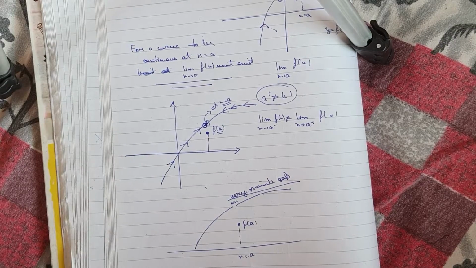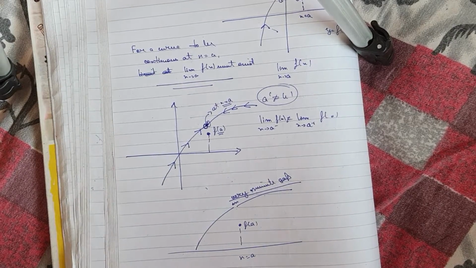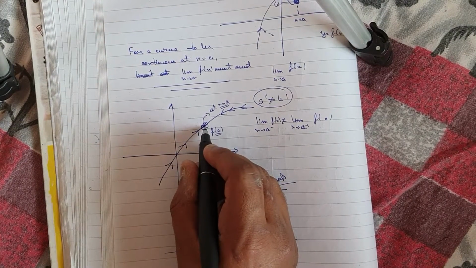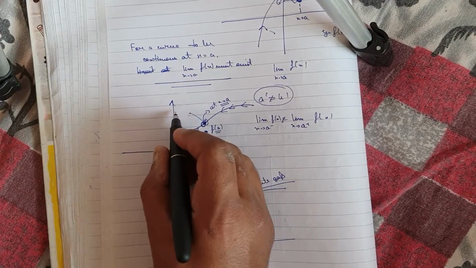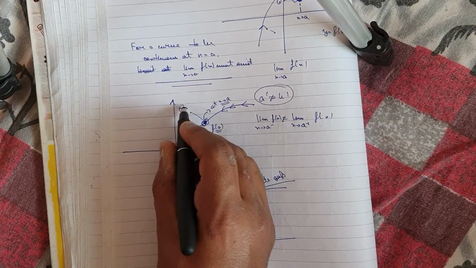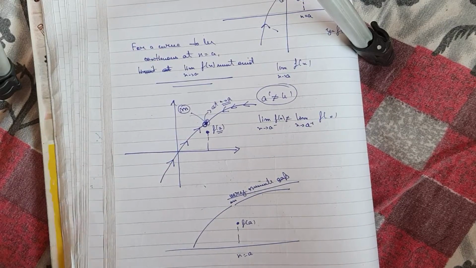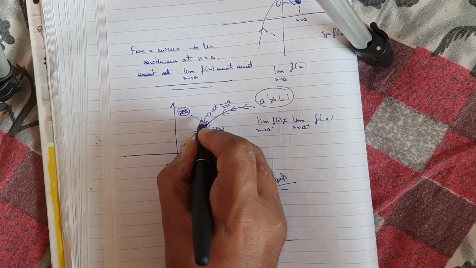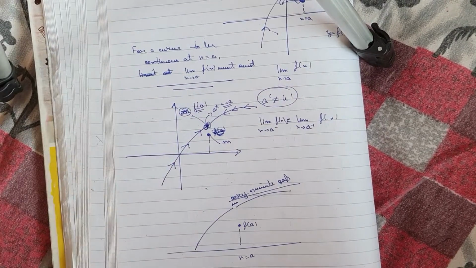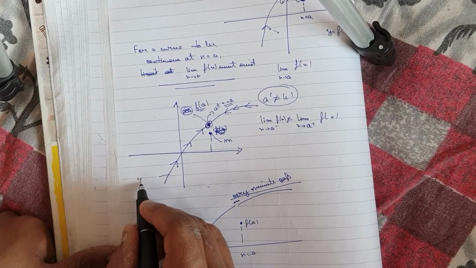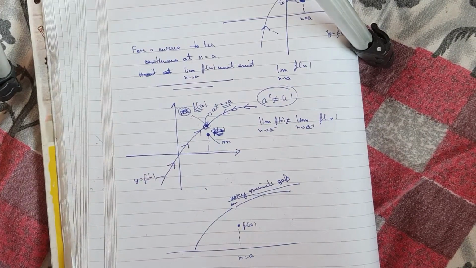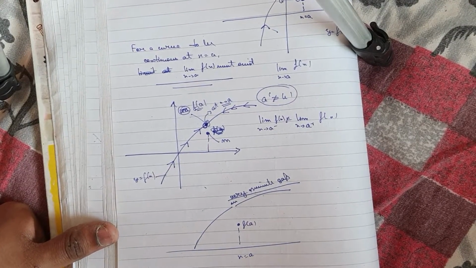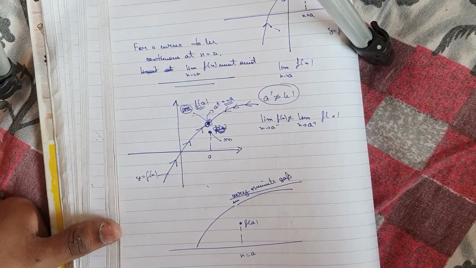Now what is this point? Let this point be m, because this point is basically fa. They both will tend to fa because this curve is y is equal to fx. So they both tend to fa when x approaches a from left and from right.